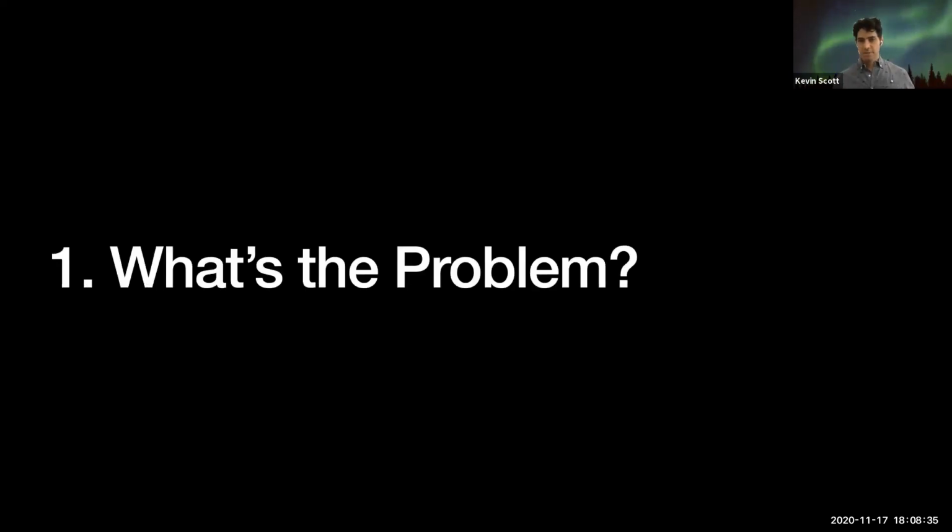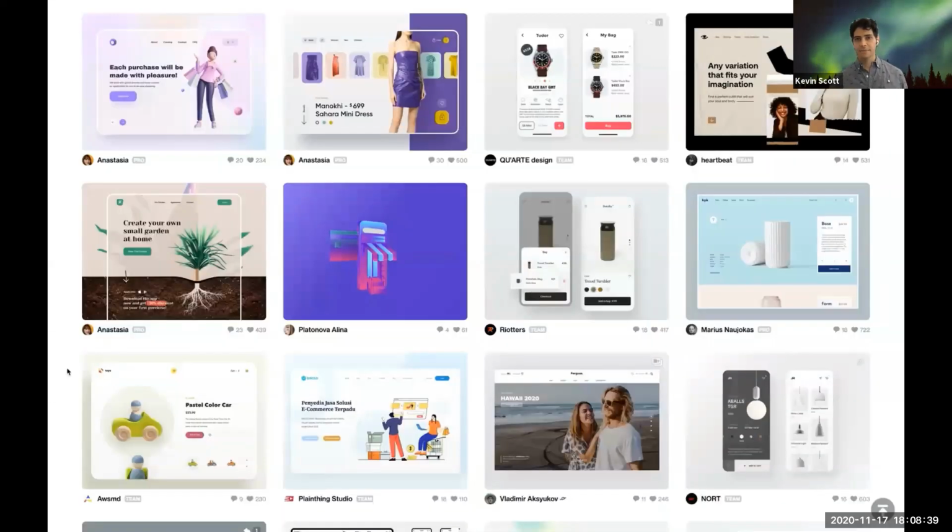So the problem is a lot of the time, as web developers, we have very image-heavy sites that we're dealing with. This is both a problem I'm facing today as well as a problem I faced in my job two jobs ago, where you'll come up with a design for a new app or website. And it's very image heavy. Images play a big role.